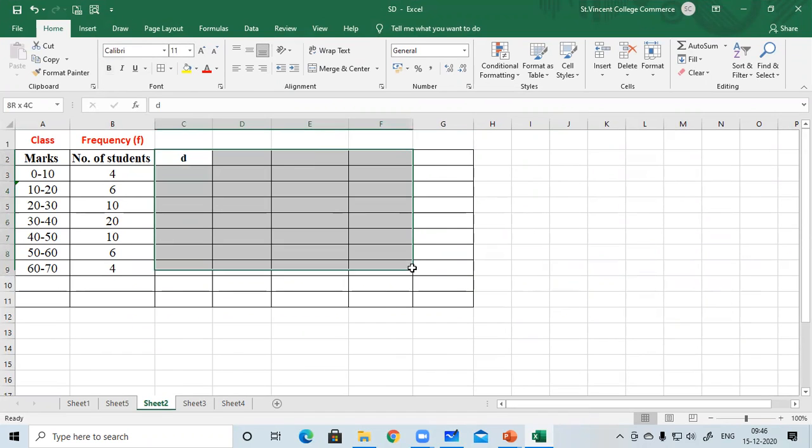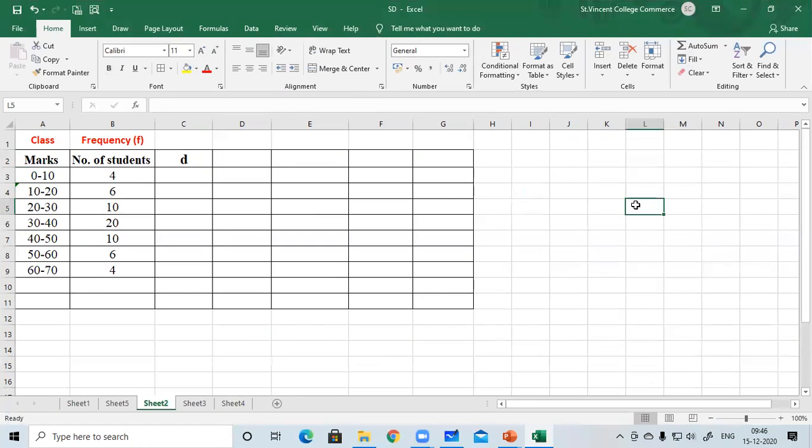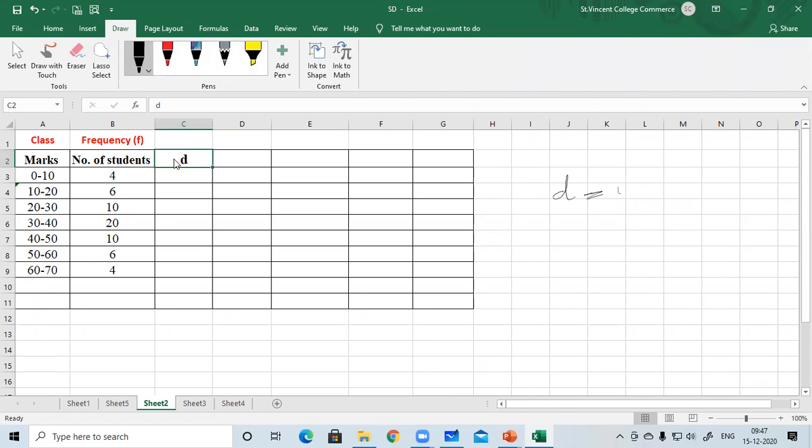The F is given, and now we require D. Now, how to find D? The formula for D says x minus a upon i.